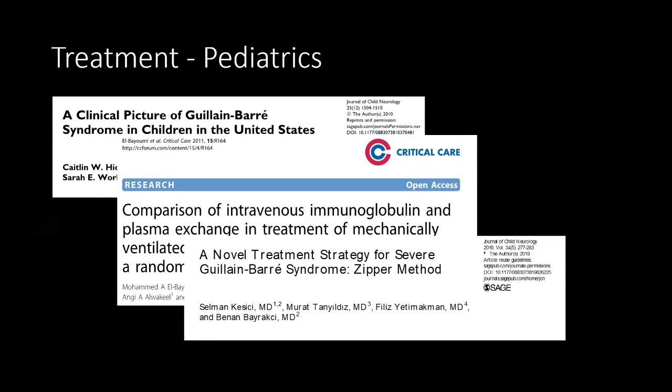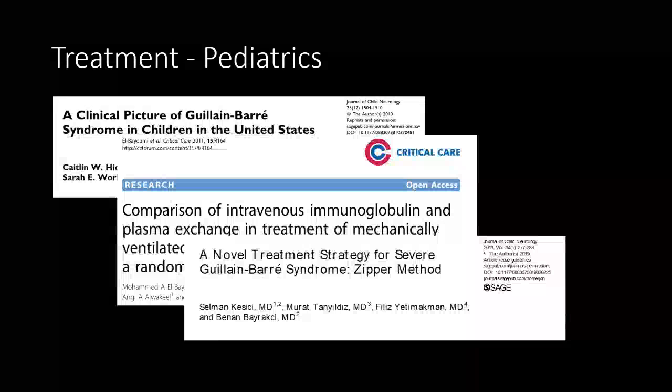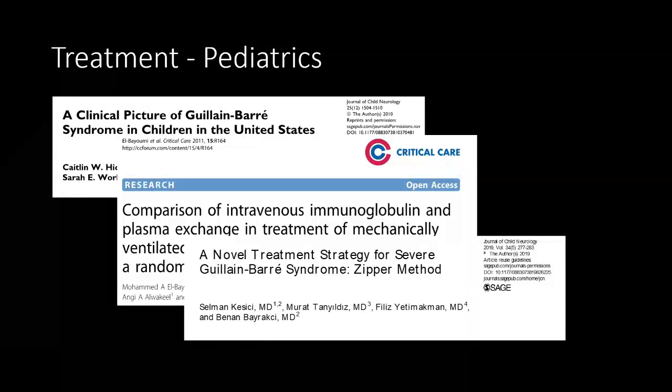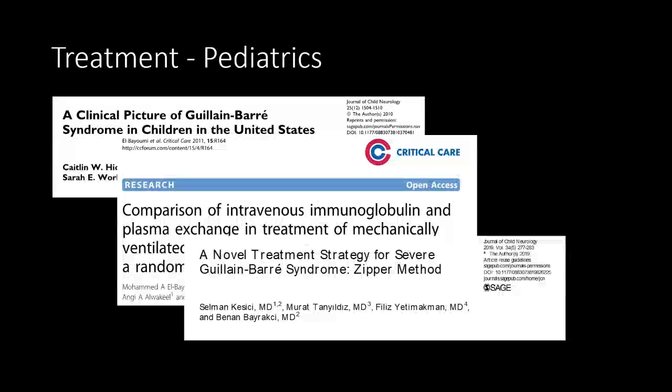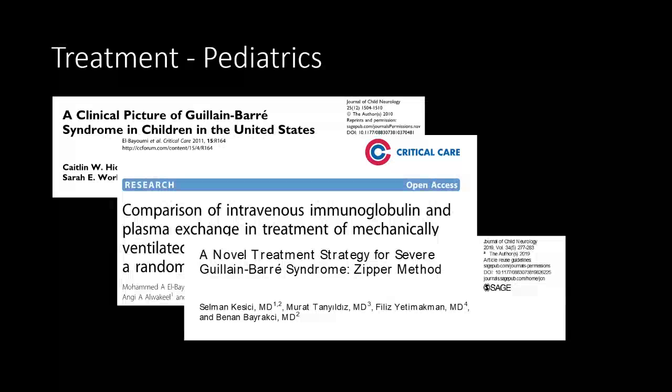This was a paper that came out in 2019 that was kind of interesting. This group was advocating for this treatment strategy that they called the zipper method. Again, this was a small group, I think 9 patients. Rather than following plasma exchange with IVIG, they would give IVIG in between plasma exchanges, but they timed it to, in their theory, give the IVIG enough time to work before plexing it off.